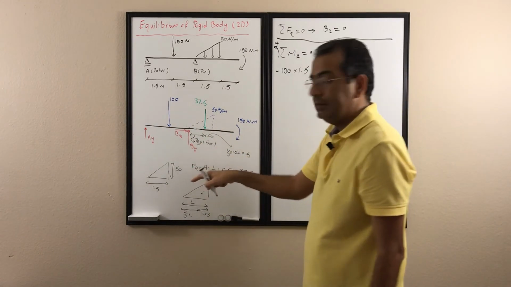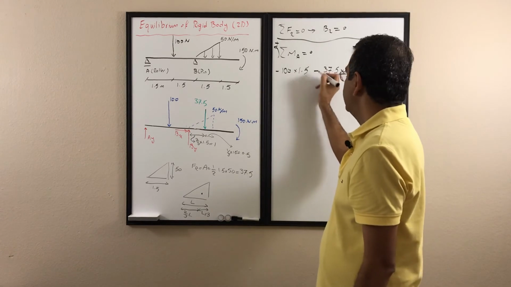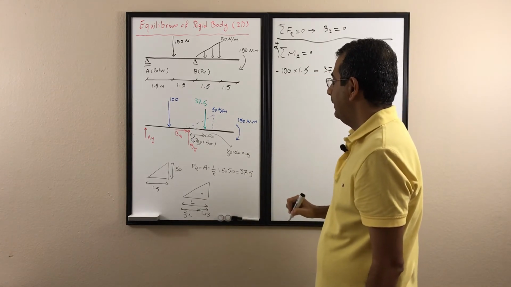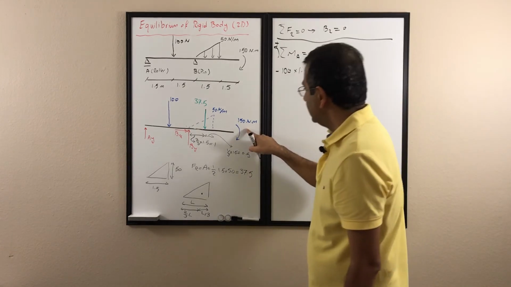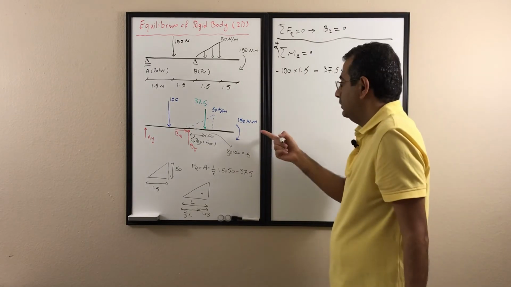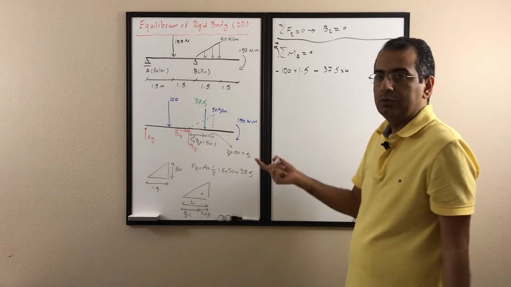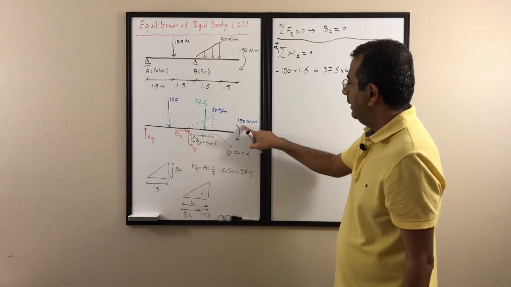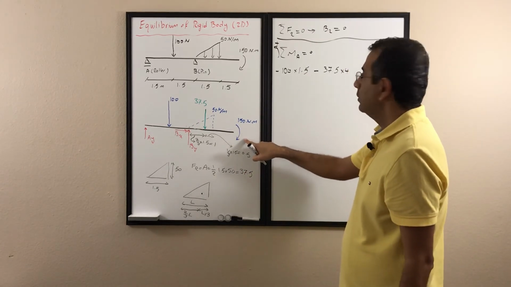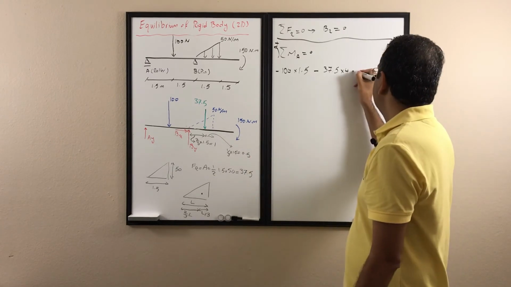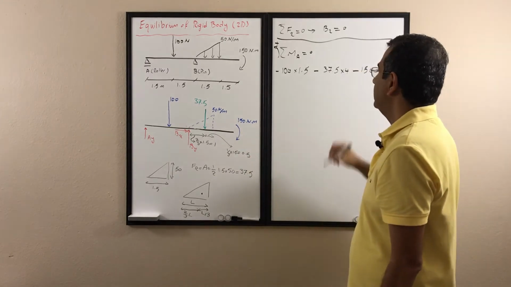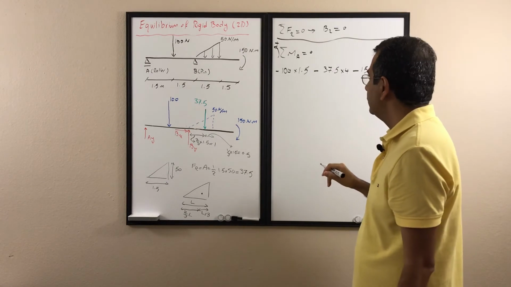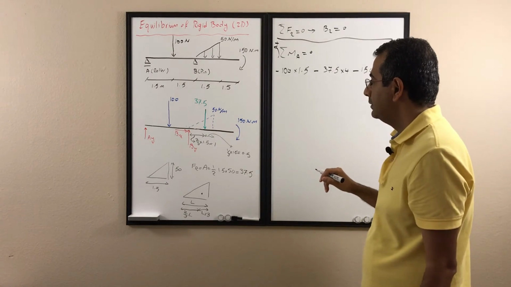Also, this one rotates clockwise, so it's going to be negative with respect to point A. Then I have this 150, and that's just a moment itself, so I don't need to do anything. I just need to add or subtract it. This 150 rotates clockwise, so again it's going to be negative. I just simply add it, no need to make any other change.